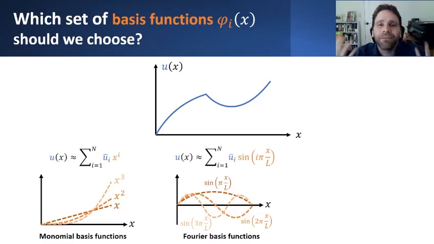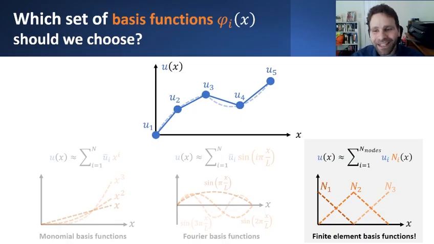So really it comes to this. Is there some other set of basis functions that we might consider that aren't the monomial basis or the Fourier basis? What could this basis look like? Well, not to build up and over-dramatize this, but the conclusion that we'll reach is that there is a set of basis functions which does a pretty good job and has a lot of other really nice properties, which I'll summarize later, but they are in fact what some people call the finite element basis functions.